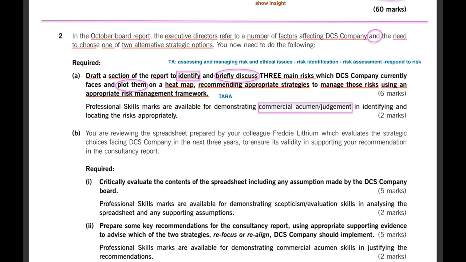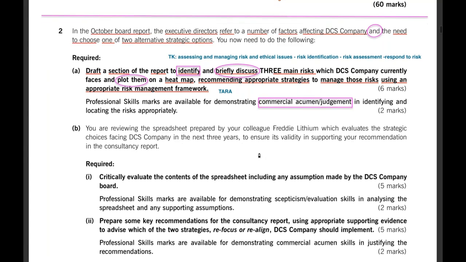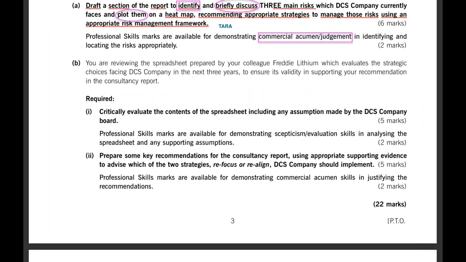What about B? What do you think? You are now reviewing a spreadsheet prepared by your colleague Freddie Lithium, which evaluates the strategic choices facing the DCS company in the next 3 years, to ensure its validity in supporting your recommendation in the consultancy report.